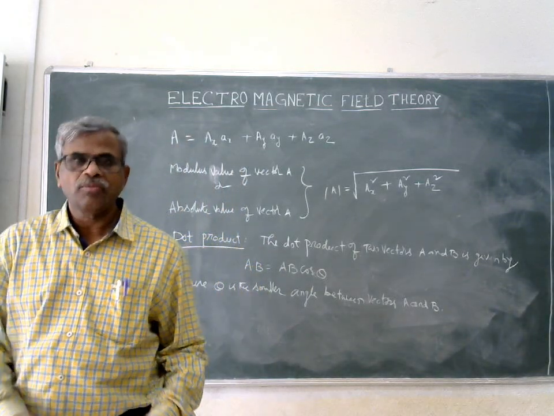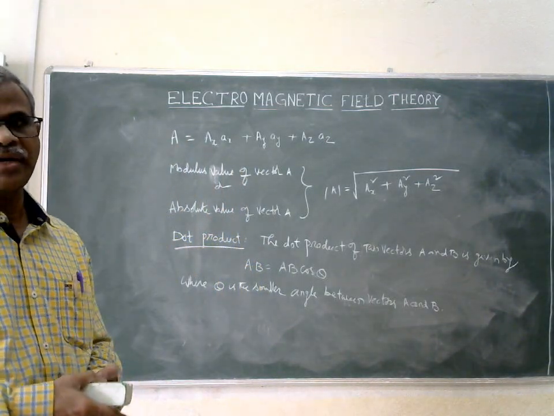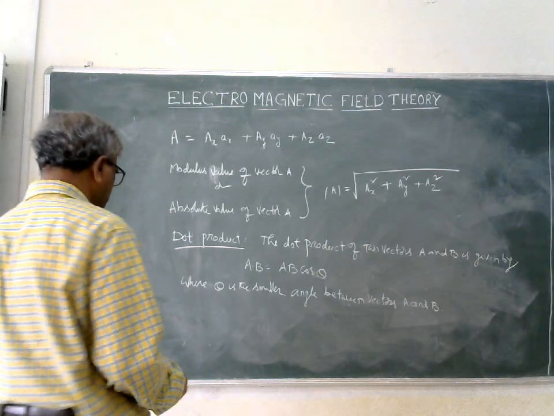Now we will take two vectors and find out the dot product of the two vectors.